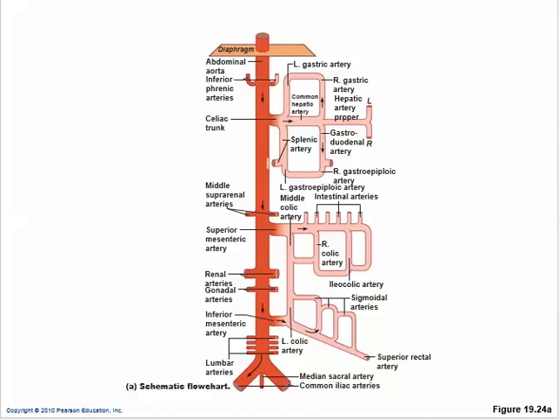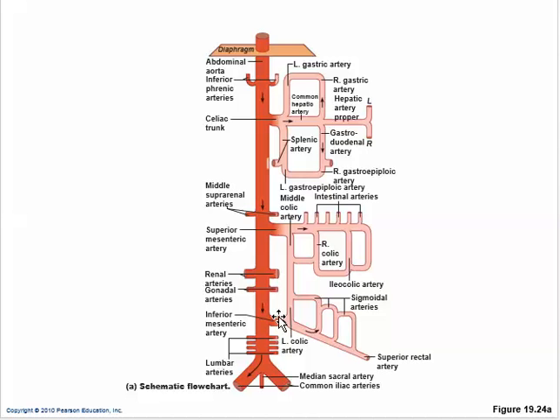As I said, when the aorta comes through the diaphragm, the main arteries that come off to the viscera are the celiac trunk, the superior mesenteric, and the inferior mesenteric as unpaired arteries.